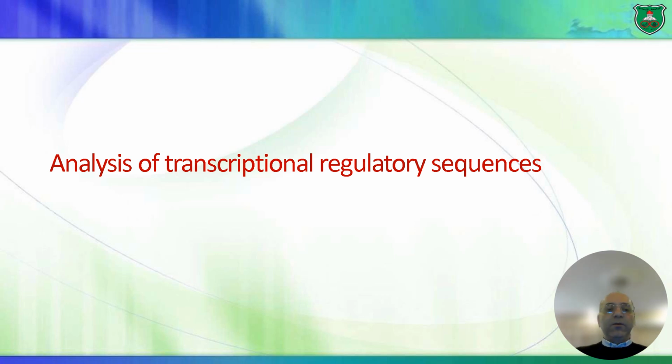These are binding sites for specific regulatory proteins: general transcription factors, specific transcription factors, like cyclic AMP response element binding protein, for example. It binds to a specific promoter proximal element. There are specific proteins that bind to enhancers. These proteins cannot bind to other enhancers.